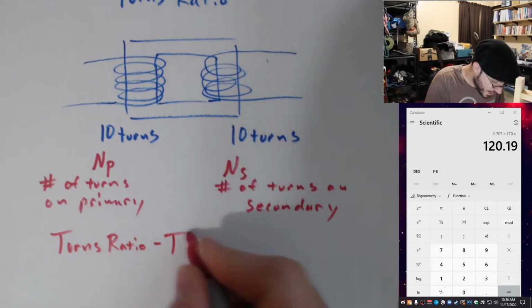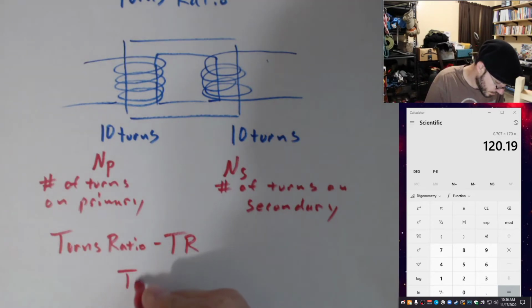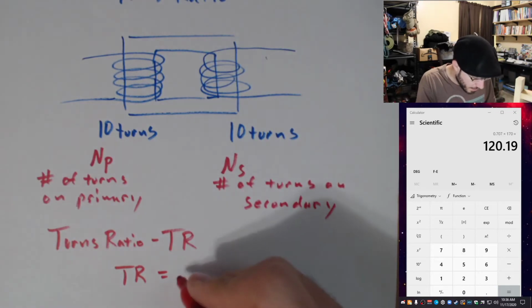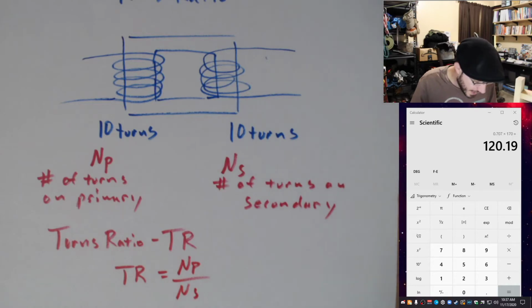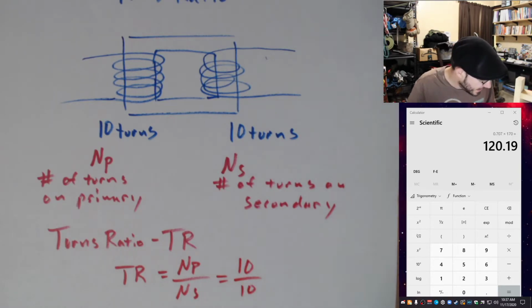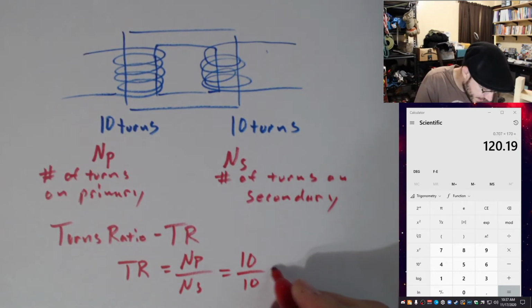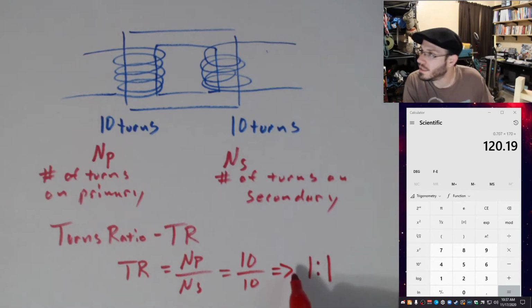The turns ratio, TR, is equal to the number of turns on the primary divided by the number of turns on the secondary. In this case, 10 divided by 10. However, the more proper way of writing this is 1 to 1.